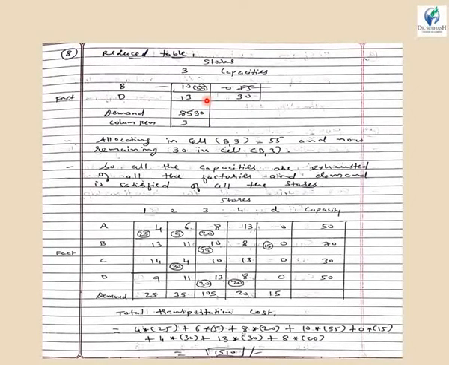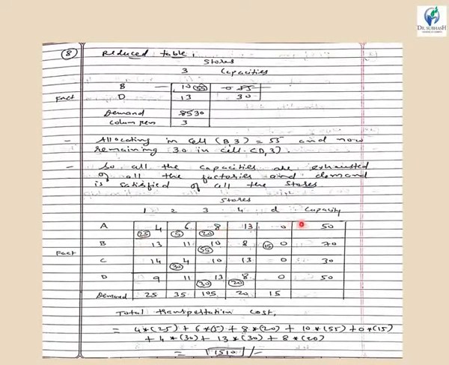Now all the factories' capacities are exhausted and the demand of each store is satisfied. So we will stop the allocation process. So allocating in the cell B3 55 and the remaining 30 in the cell D3. All the capacities of all the factories are exhausted and the demand of all the stores is satisfied.